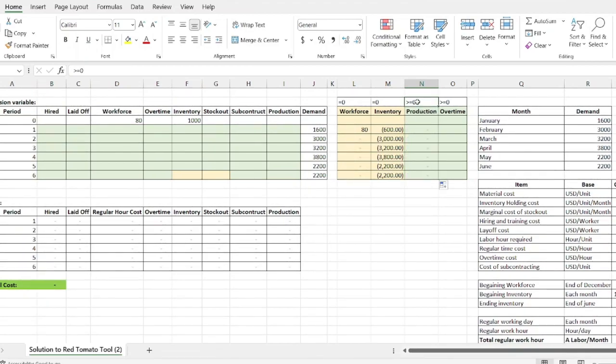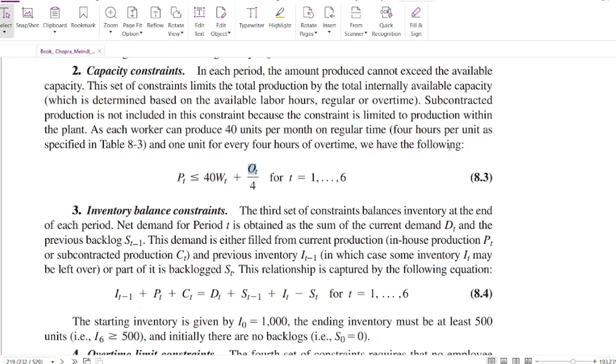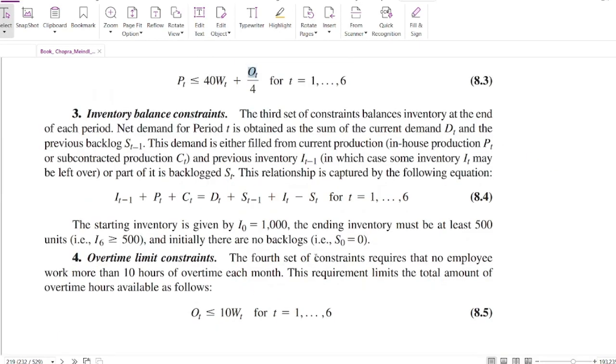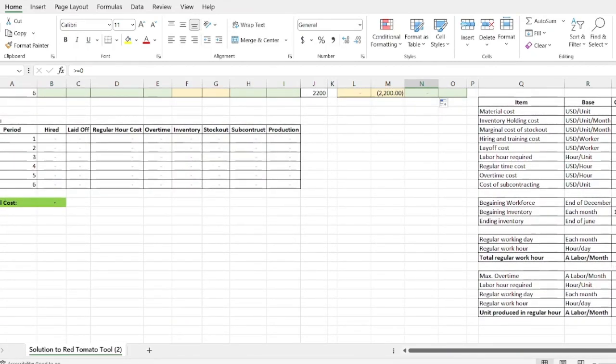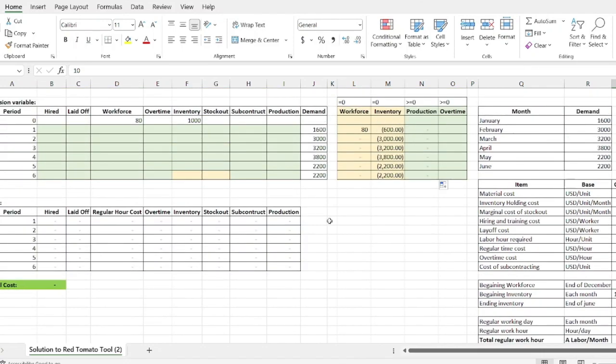I have kept it in the notes so that we understand the formula later on when we solve it in the solver. Okay, let's go to the overtime. Overtime is also very easy. What can be the overtime number? That is 10 multiplied by the number of people working, because we have this constant here: maximum overtime hours per labor per month is 10.